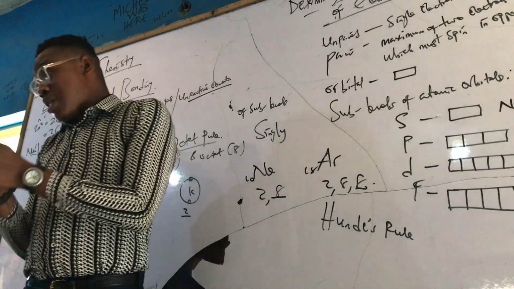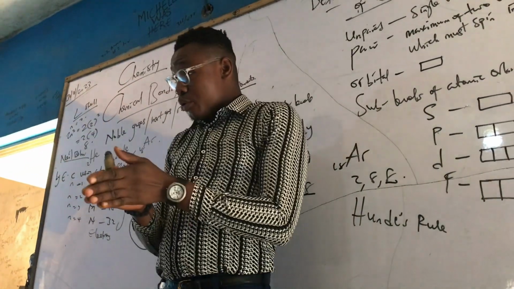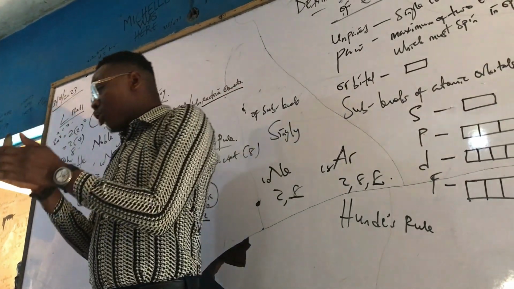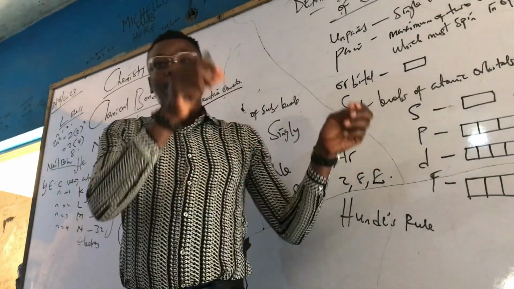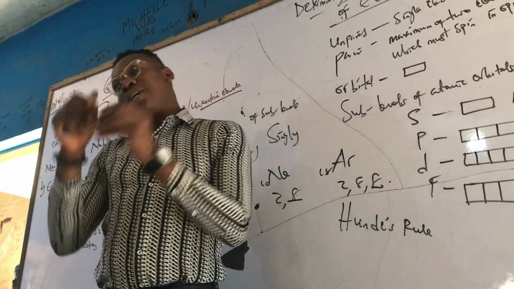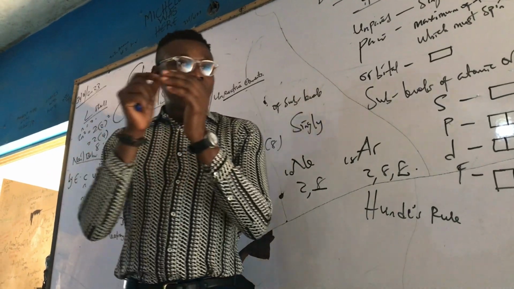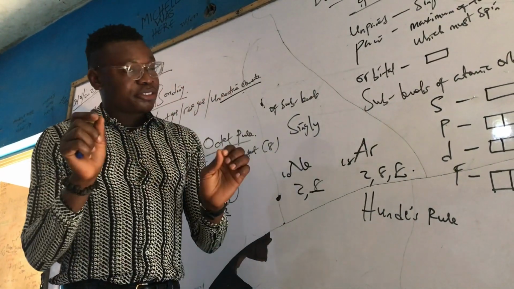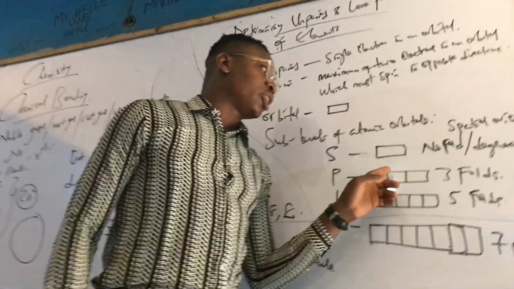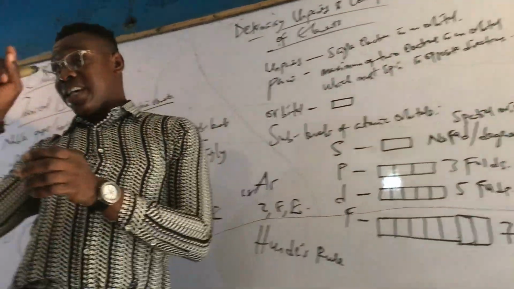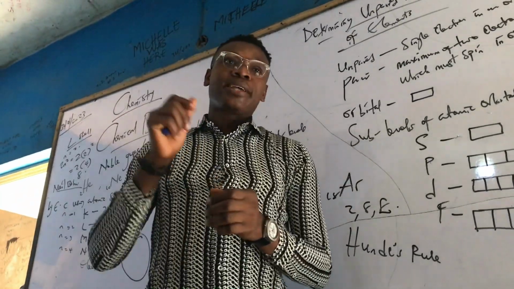Since there is no formula, there must be a rule. Understanding those rules, then application of the rules will give us how many electrons each orbital can accommodate. And the first rule I have stated tells us if you want to fill electrons into these orbitals, you must start filling them singly before you pair.